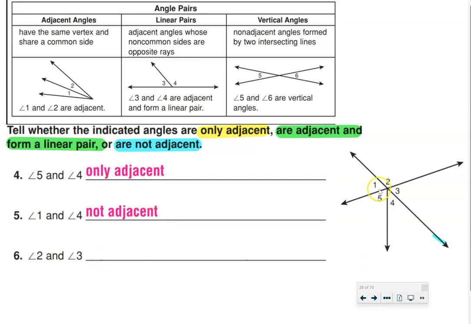All right, let's take a look at 2 and 3. Adjacent and form a linear pair. You see how it has the opposite rays here, making that straight line.